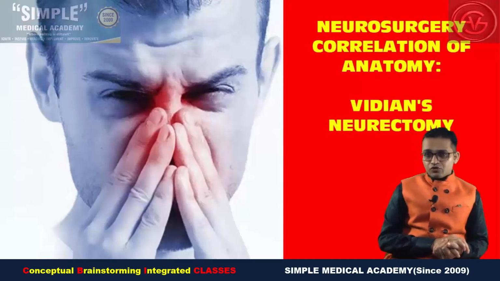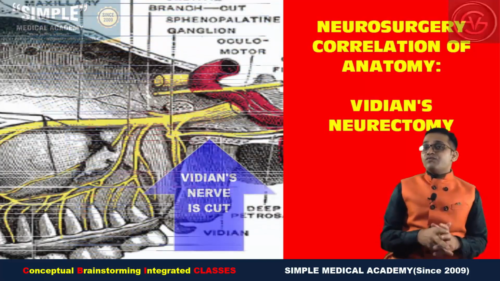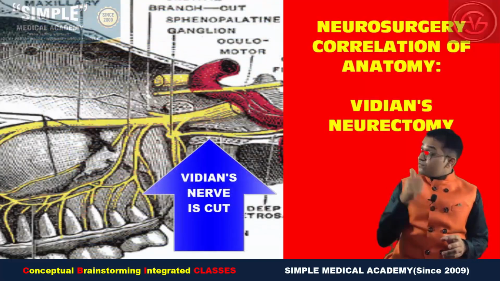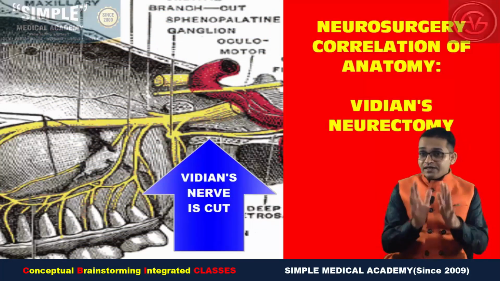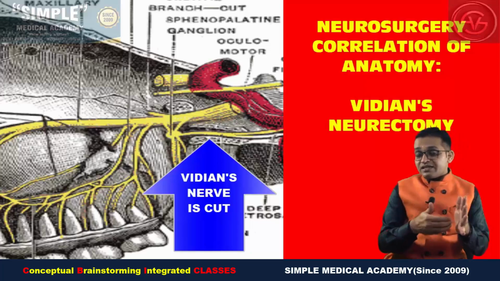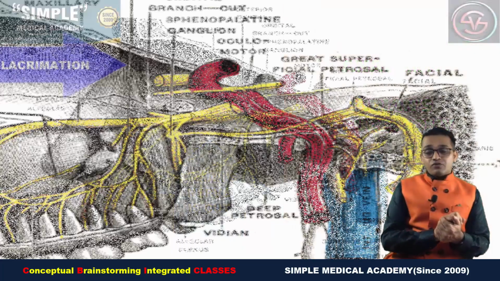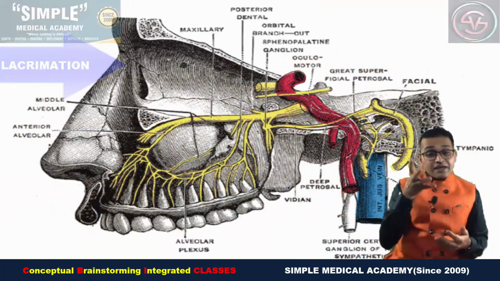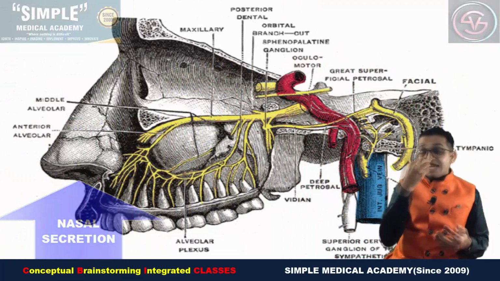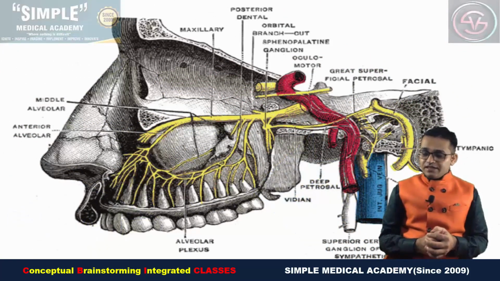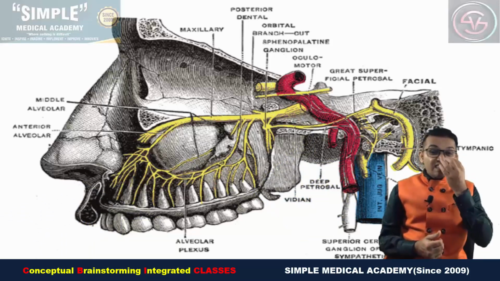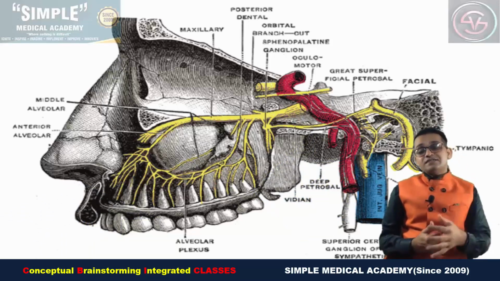What is the Vidian's neurectomy? Neurosurgery correlation: we can cut this Vidian's nerve within this pterygoid canal. As we know, the Vidian's nerve carries sensation and the secretomotor pathway for lacrimation, nasal secretion, palatine gland secretion, all the allergic gland secretion. Yes, in a case of allergy there is tearing, nasal secretion, and palatine secretion.